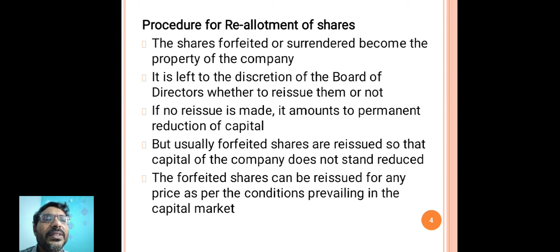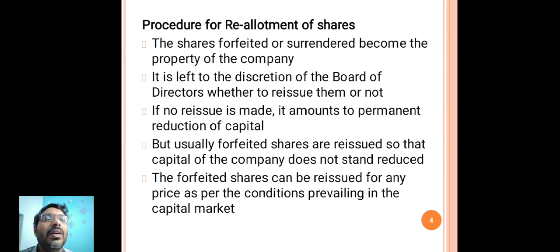The forfeited shares can be reissued for any price as per the conditions prevailing in the capital market. Forfeited shares are those of shareholders who were allotted shares but after allotment did not pay the remaining dues.